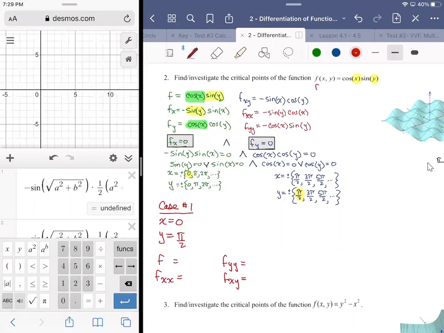So if I'm doing f of 0 comma pi over 2, I'm going to get cosine of 0, which is 1, sine of 0, which is 1. Now, since this is an egg crate kind of thing, meaning that it's going to oscillate up and down, like the waves in an ocean, there's going to be high points, low points, and there's going to be baseline. All right. So this appears to be a high point.